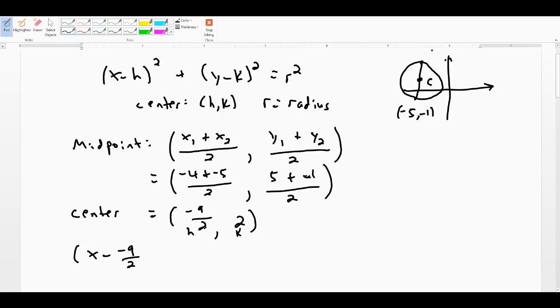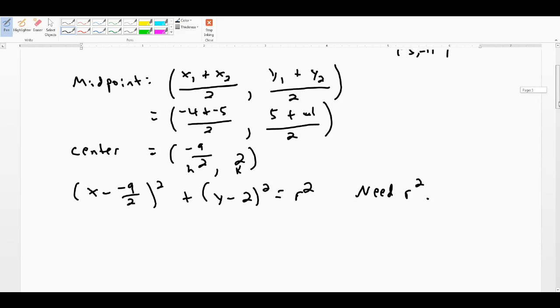I'm substituting the -9/2 into the h and the 2 into the k, squared, plus (y minus 2) squared equals r squared. Now what we need, we could say we need r, but we actually need r squared. So that's what we're going to do. We're going to find r squared next.